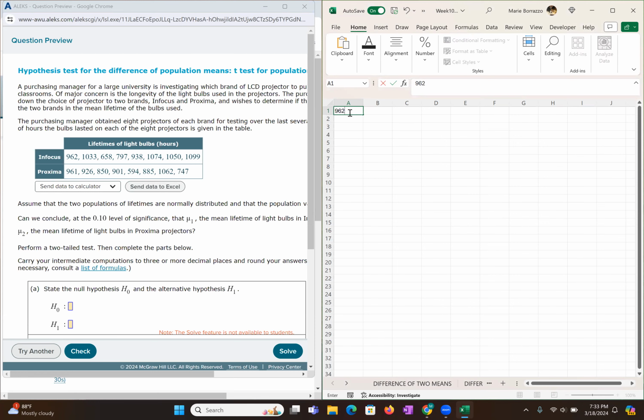So 962 and 1033 and 658 and 797 and 938 and 1074 and 1050 and 1099. Okay. So that's all the data for the in focus group, and Proxima is up here.